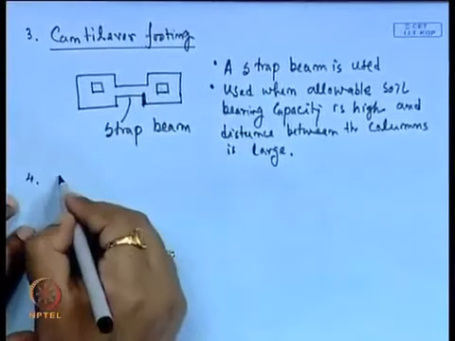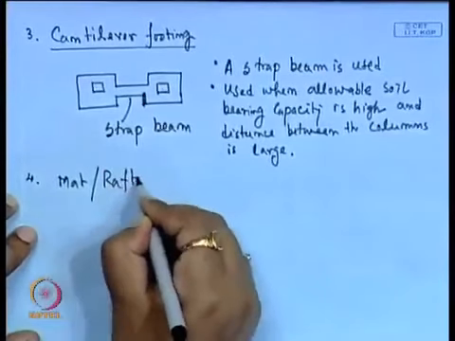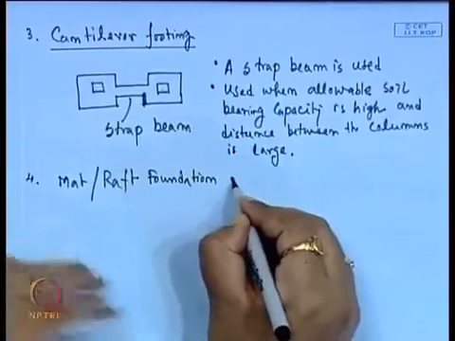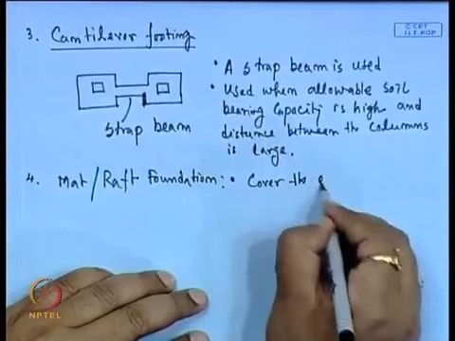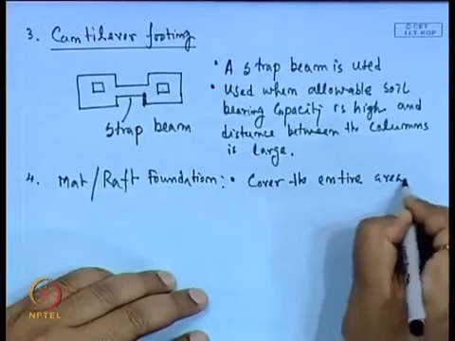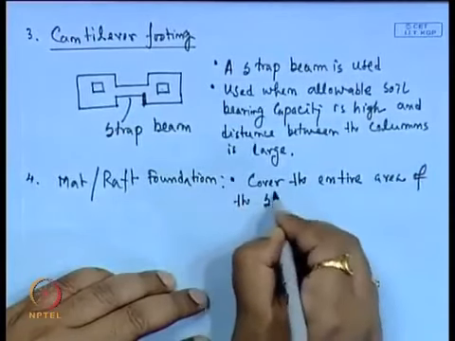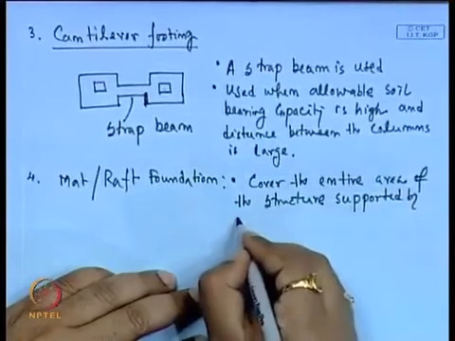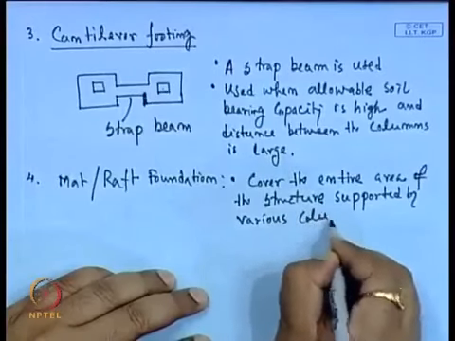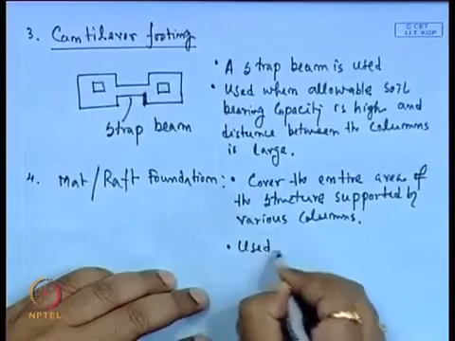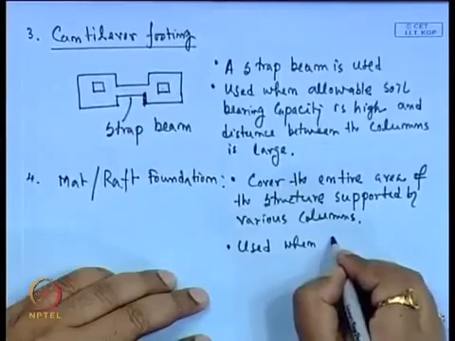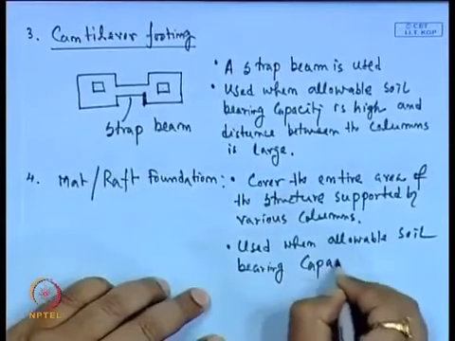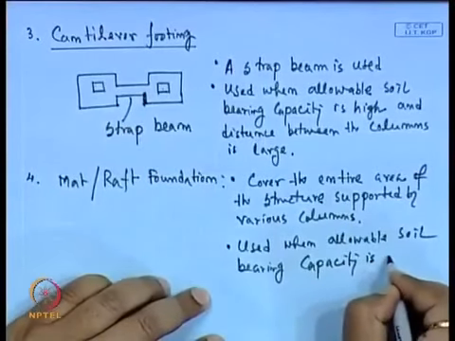Then the fourth one is the mat foundation or the raft foundation. This covers the entire area of the structure supported by various columns, and this is used when the allowable soil bearing capacity is very low.